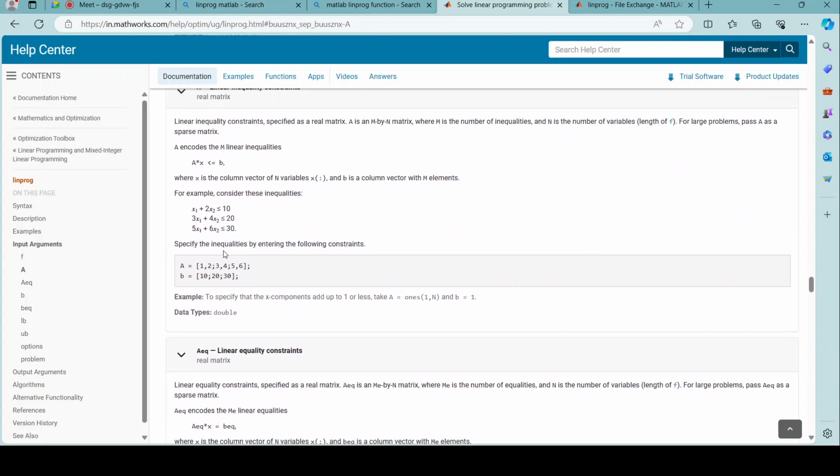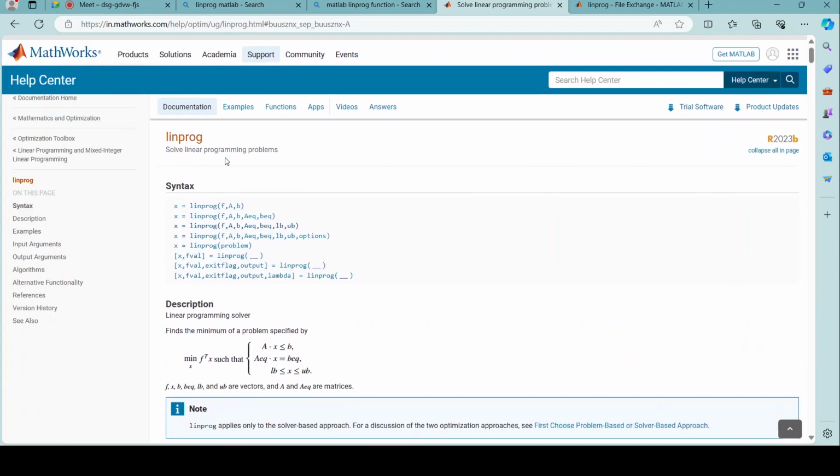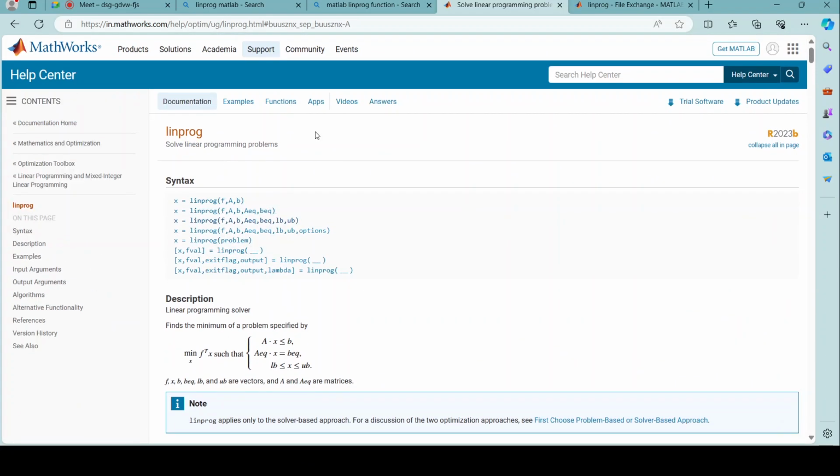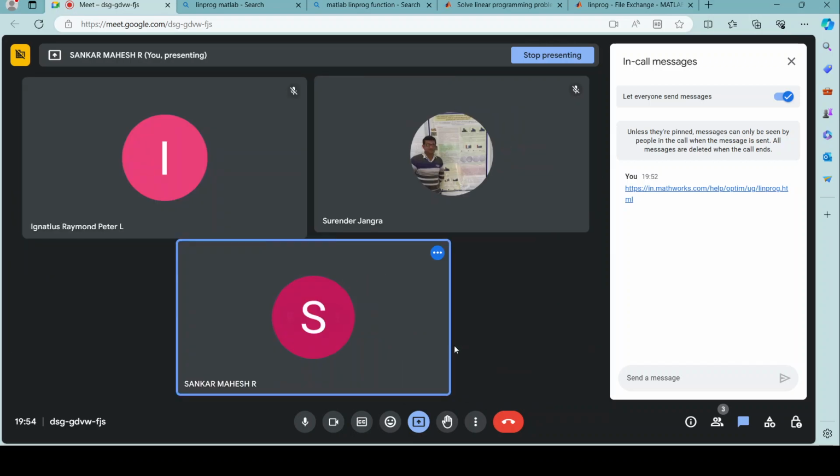So we'll have A as our stoichiometric matrix, b will be 0, and we will find x here. We will use this particular solver in MATLAB to identify different fluxes. Yeah, so that's how linprog works.